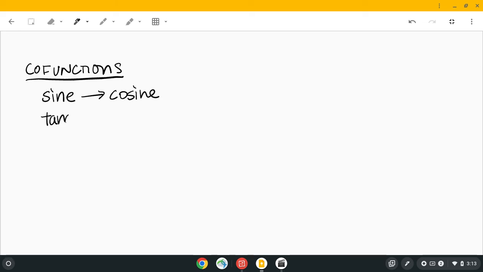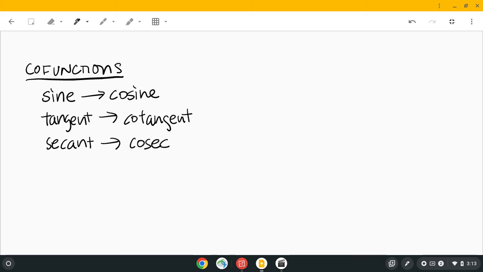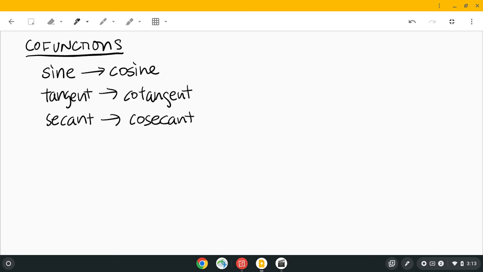Tangent and cotangent are cofunctions. Secant and cosecant are cofunctions. Okay, and this is important to know because we have this cofunction theorem, which is pretty interesting.